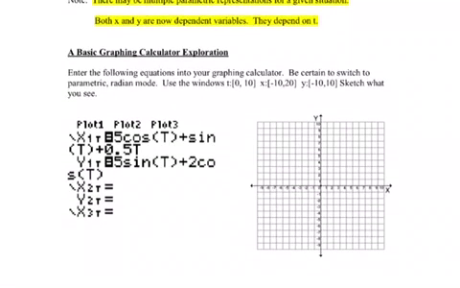All right. So here's a graph to plug into your grapher. First of all, make sure you're in parametric mode. When you go to your grapher, you should also be in radian mode. We're going to change the window.